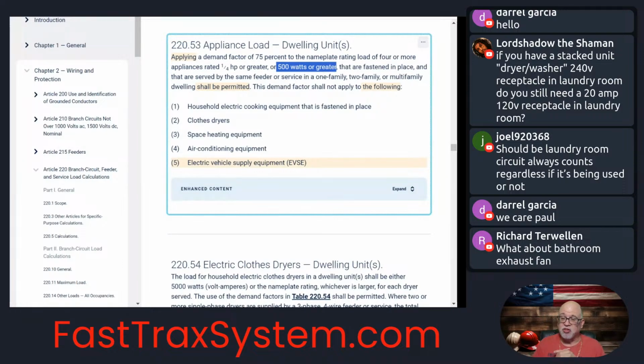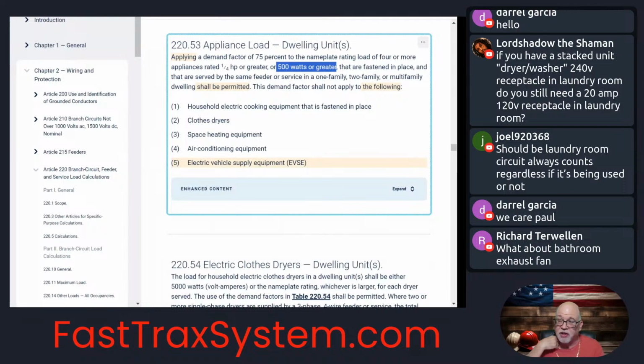Chances are those exhaust fan motors in your bathroom are not rated a 4th horsepower or greater. They're probably much less than that, 1/16 horsepower or smaller, so they're not going to be 500 watts or greater. So that's your threshold.